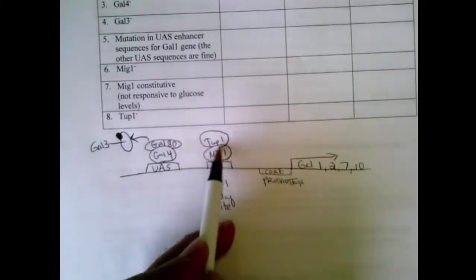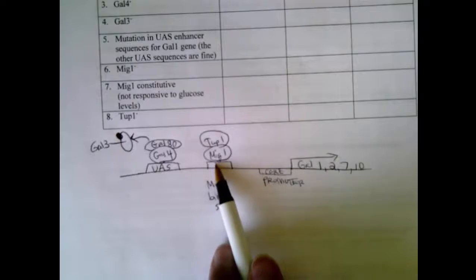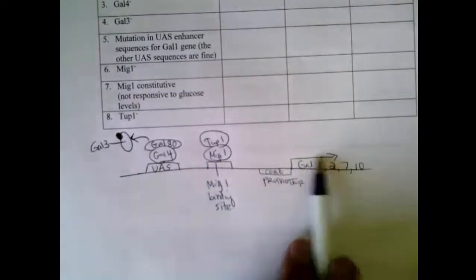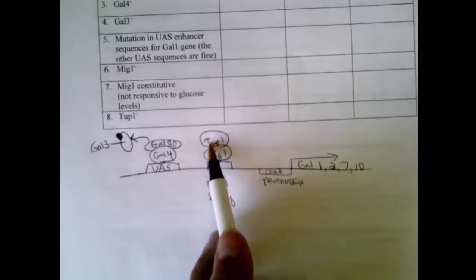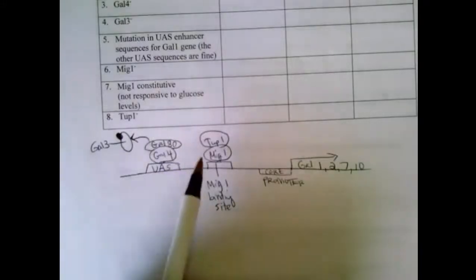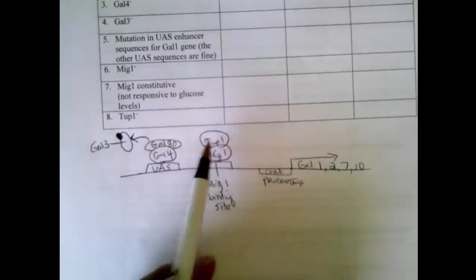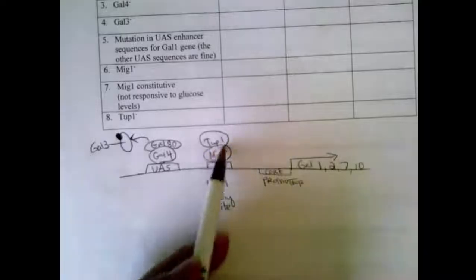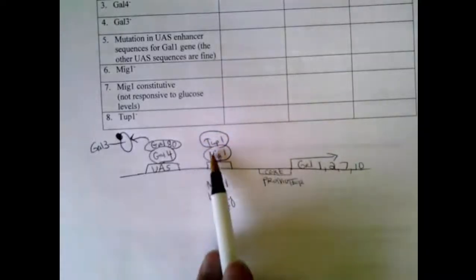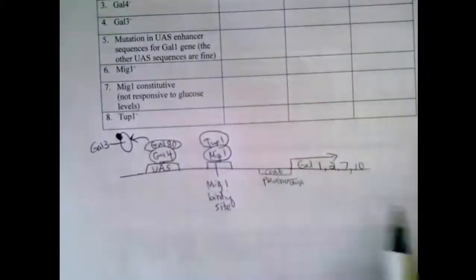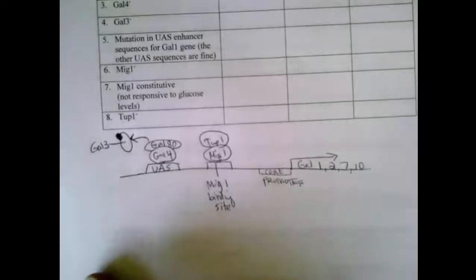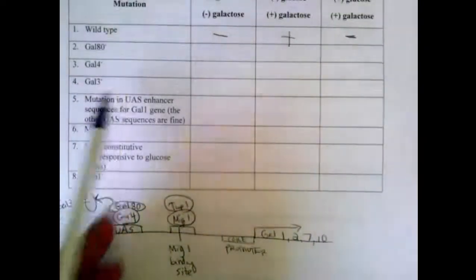This protein MIG1 will bind to the DNA of the enhancer region right next to these GAL structural genes, and it will recruit this factor called TUP1. Now, TUP1 is a histone deacetylase. It would be considered a transcriptional repressor. If TUP1 is bound to this region of the genome, it actually overrides what happens with GAL4, and it would sort of dominantly turn off transcription of those structural genes. And so the result is that you would be turned off at that point.